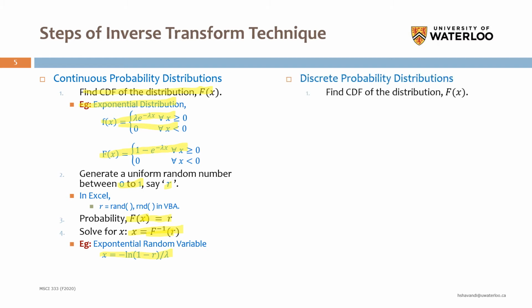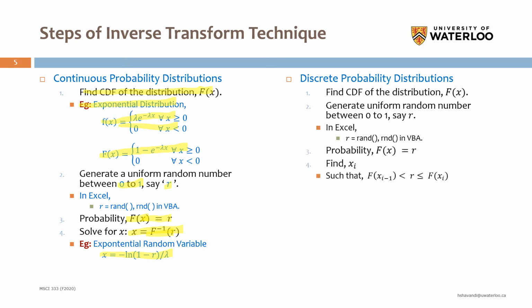For discrete distributions, it is the same. At first we obtain the CDF of that discrete distribution, and then we have a random number, and again we set the CDF equal to R. But since we don't have a continuous equation here and have just intervals and numbers, we find an interval from x(i-1) to x(i) in which R lies, in terms of the value of the CDF.